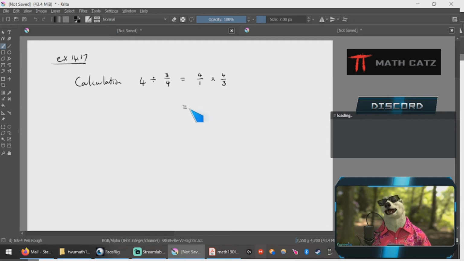I can write the next part over here. Then I multiply across: 16/3. If I wanted to, I could make that an improper fraction as 5 1/3. And then it's just important to interpret that. People forget that very often, like my tablet does when it freezes up. I had 4 cups.